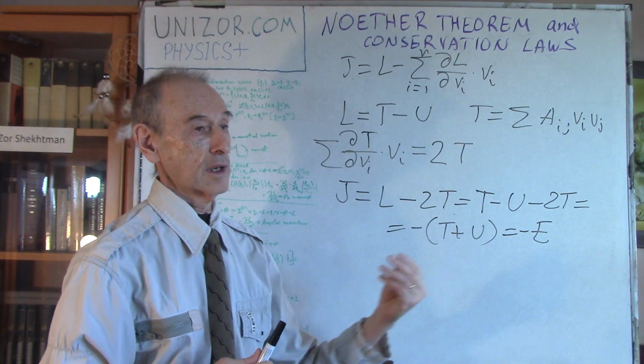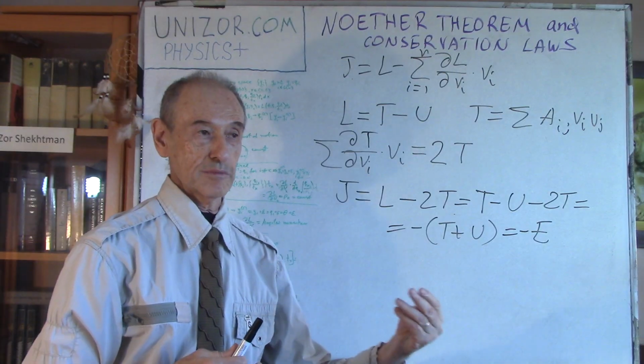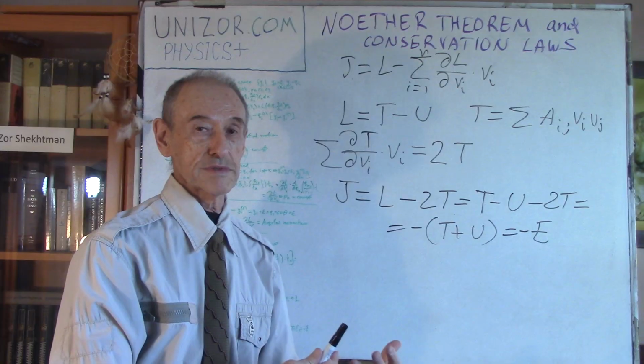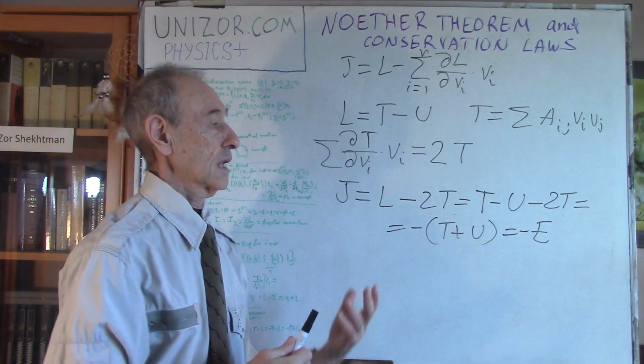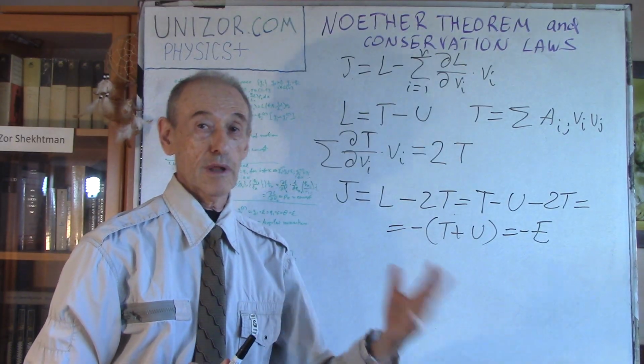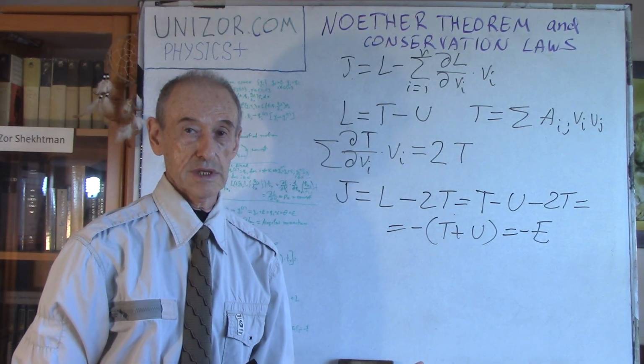If you are changing the time in a symmetrical way, which means it preserves the action functional, then the law of conservation of energy is a logical, mathematical consequence of this.